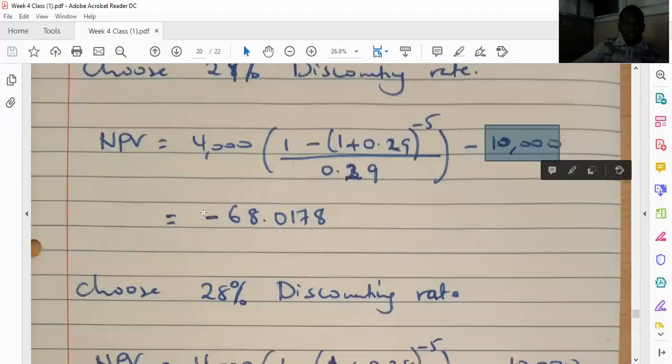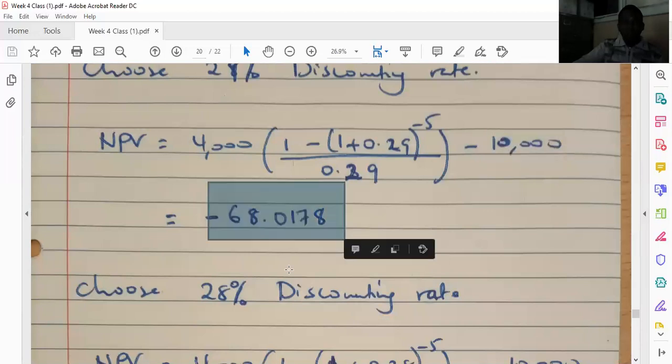It gives us still an NPV of -68.0178. A negative NPV.